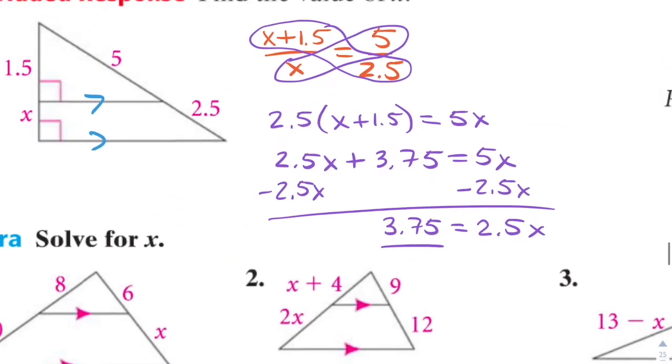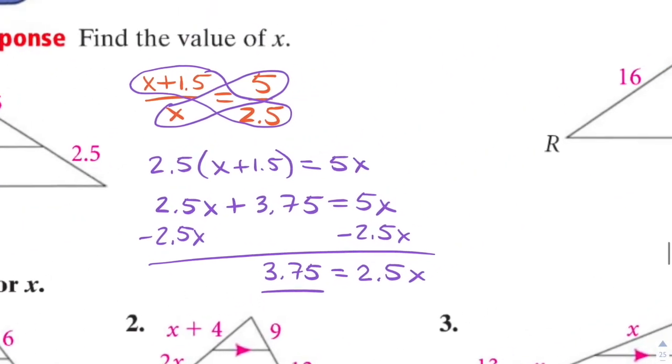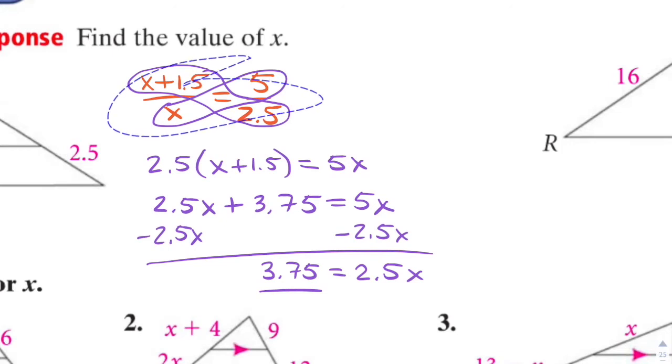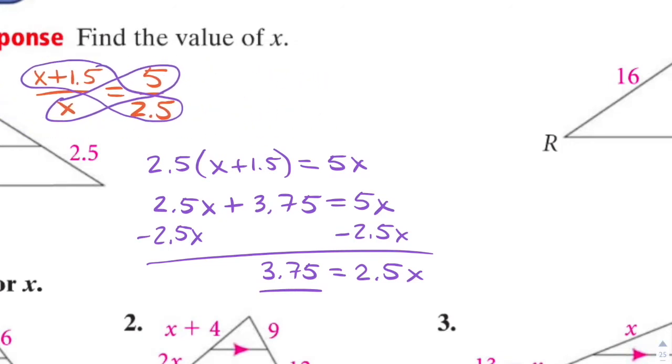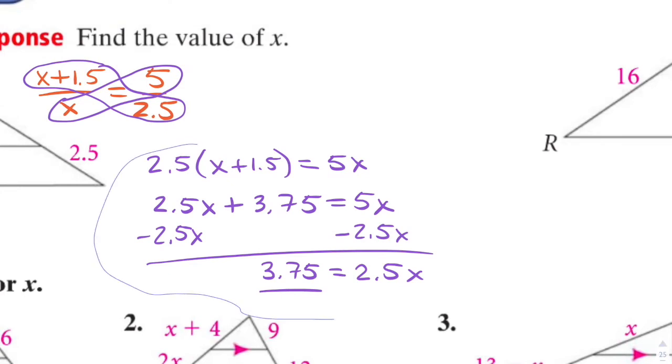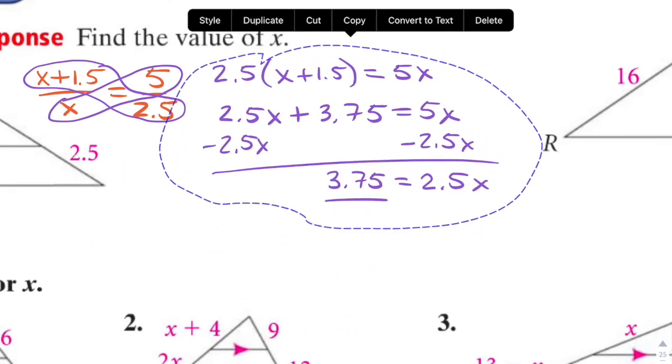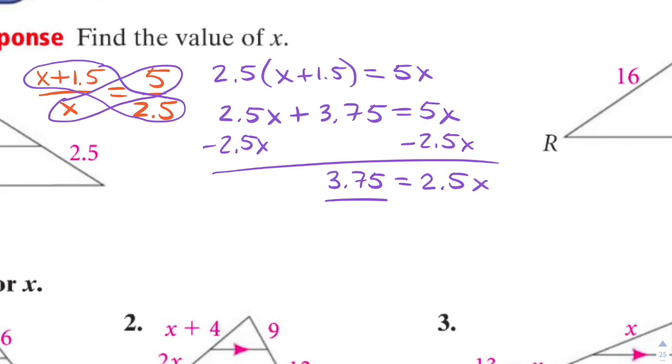We are running out of room. Divide both by 2.5. X is equal to 1.5.